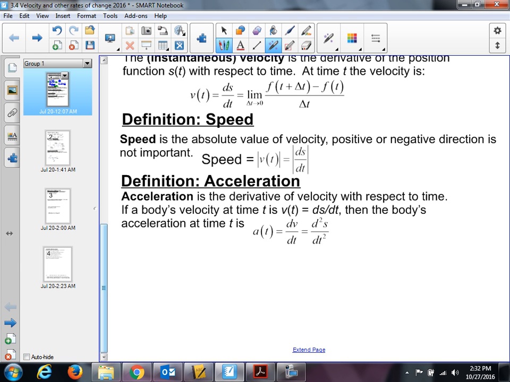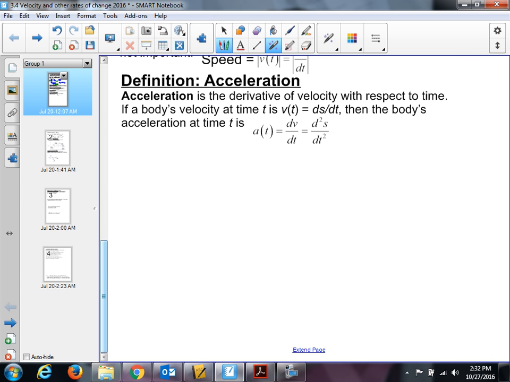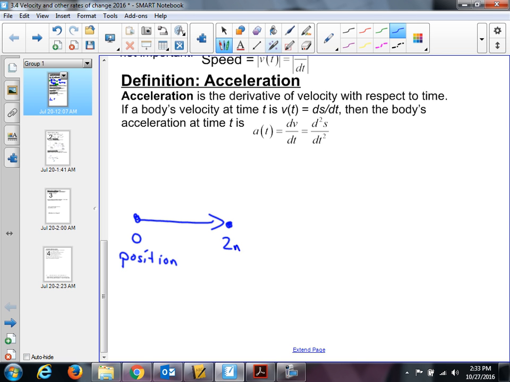Just so that we can get the whole idea of position, in case you're not sure. I could say my position here is 0. This is my position. And then I have this object and it scoots along here, and I say this is 2 meters. That's its position, right?